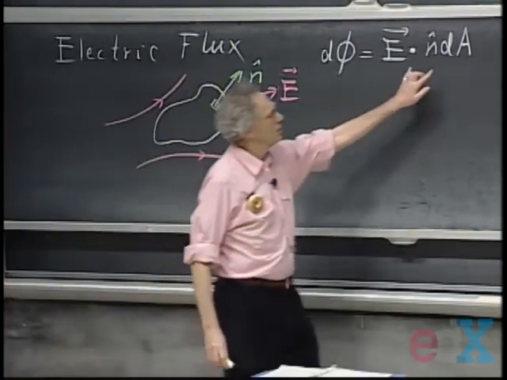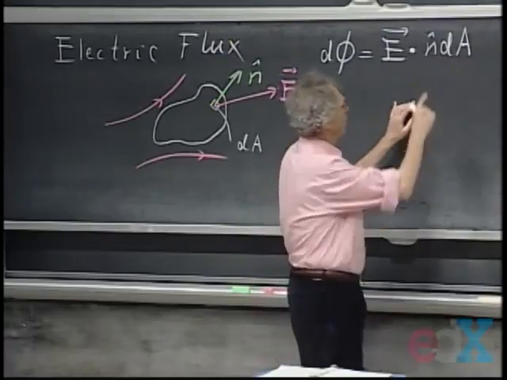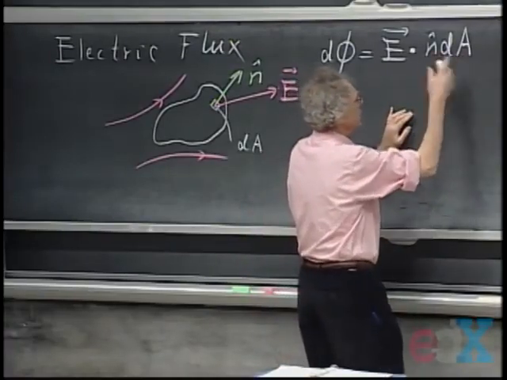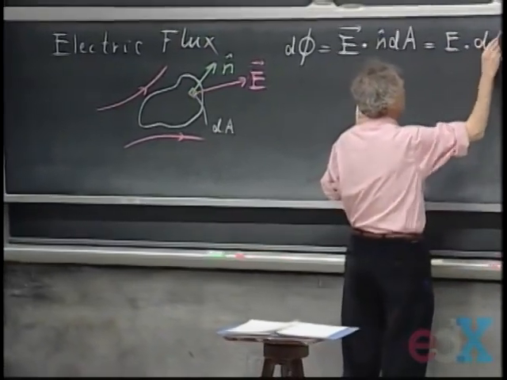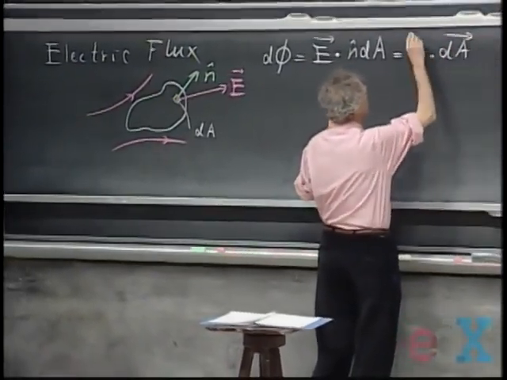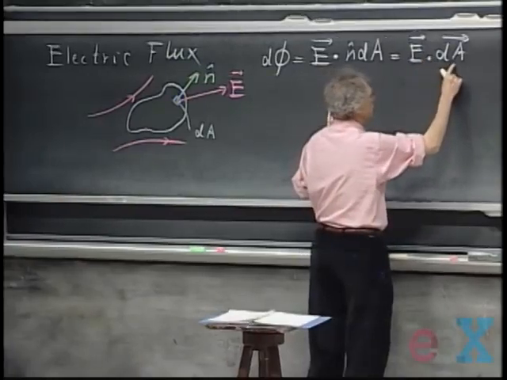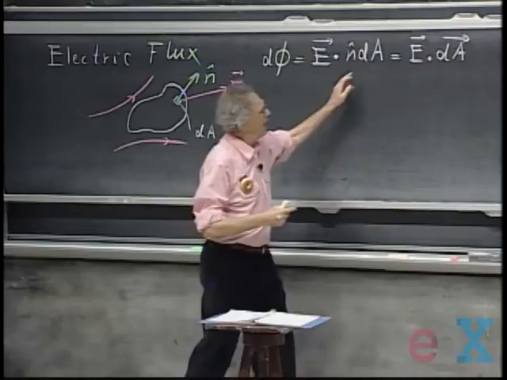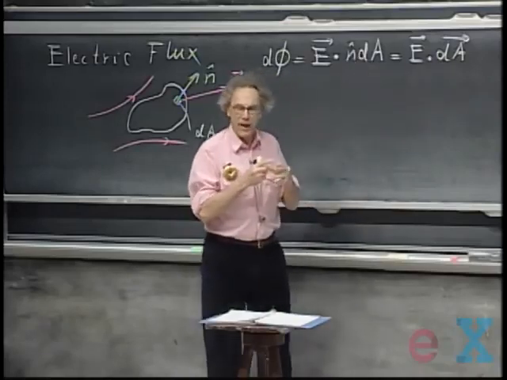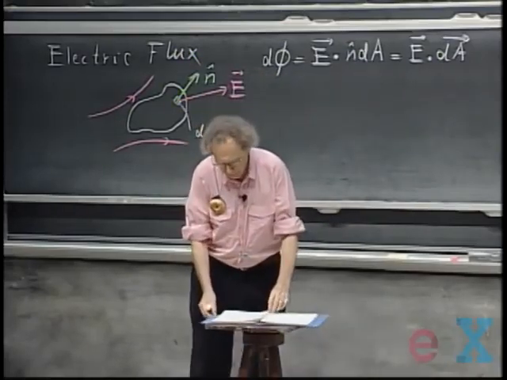Now our book will always write for N dA simply dA. So I will do that also, although I don't like it, but I will follow the notation of the book. So this vector dA is always perpendicular to that little element dA, and it has the magnitude dA.